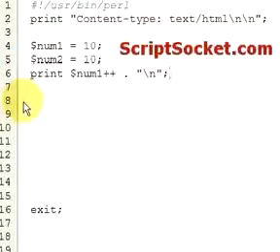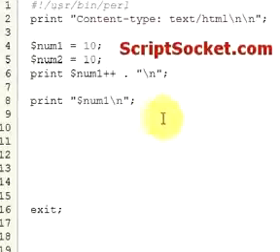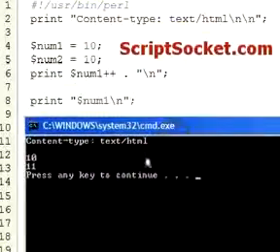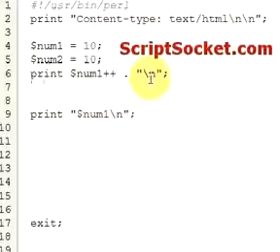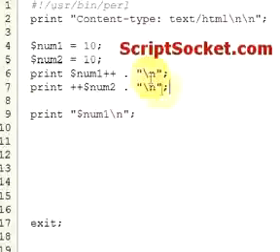So if we were to print num1 after the auto increment postfix, we will get the number 11. Okay, so if we prefix the auto increment to num2, the auto increment will happen before the number is returned.